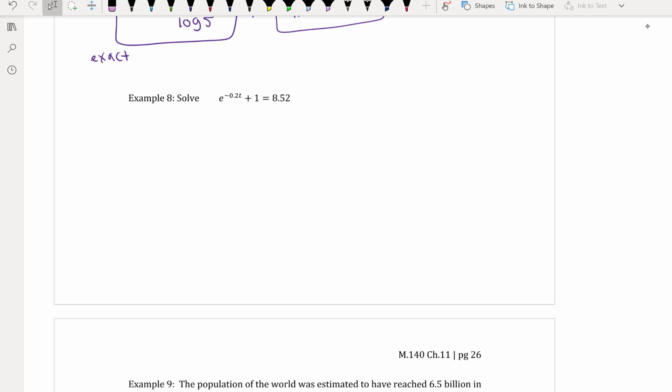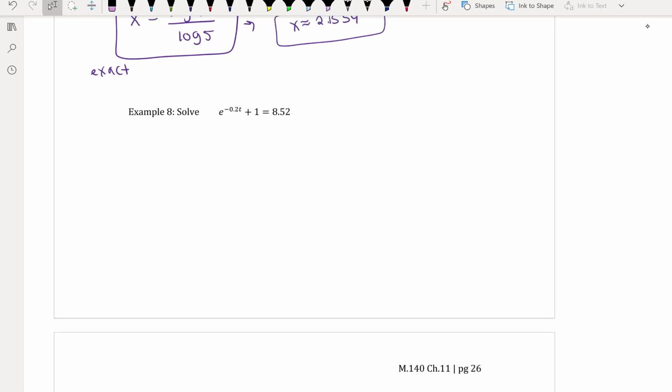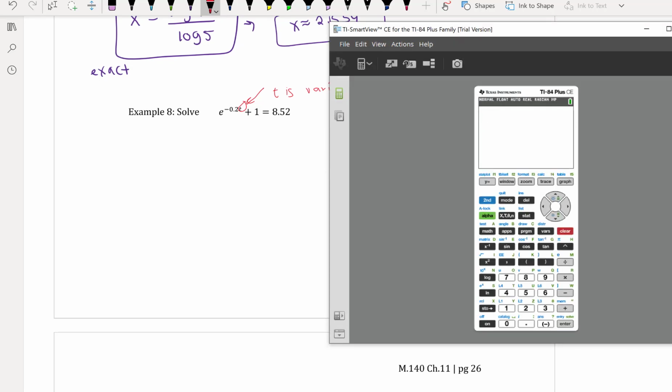For example number 8, here I have t as my variable. So t is the variable to solve for. A lot of people see this and it's like, oh, we have to find the value of e. No, e is a number. E is just like pi. E, remember, if I plug that into my calculator, I actually have a numerical value for this.